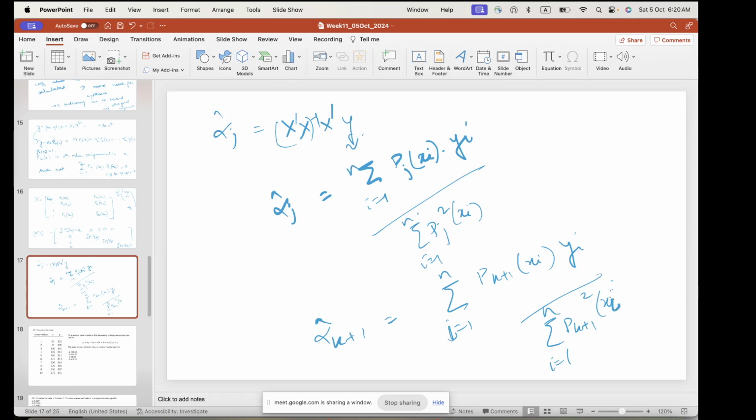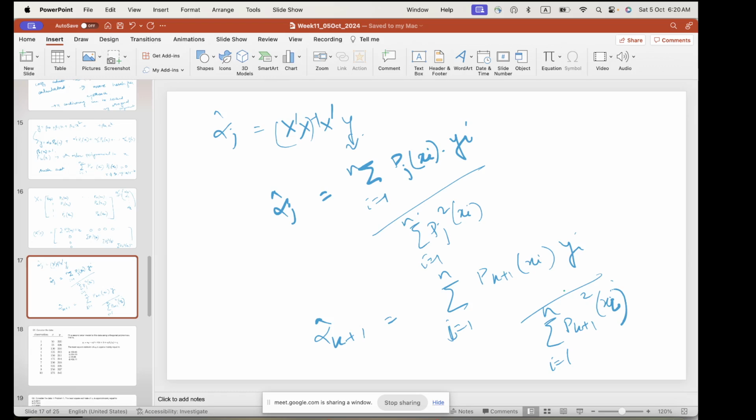So in this process, we do not need to recalculate alpha naught to alpha k again when we decide to add a term alpha k plus 1 into the model.